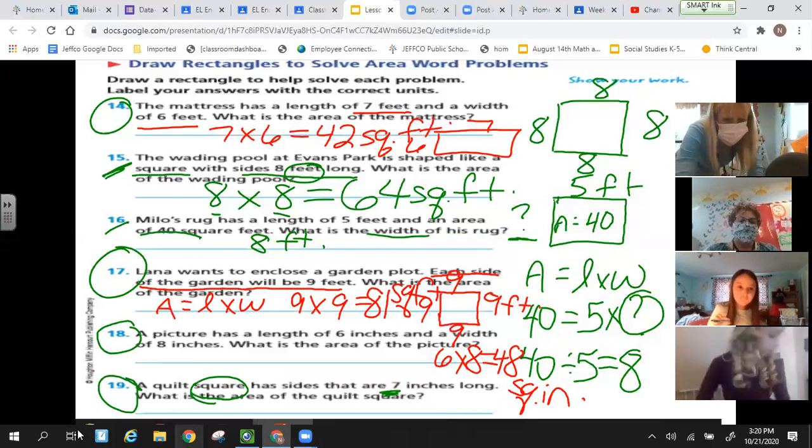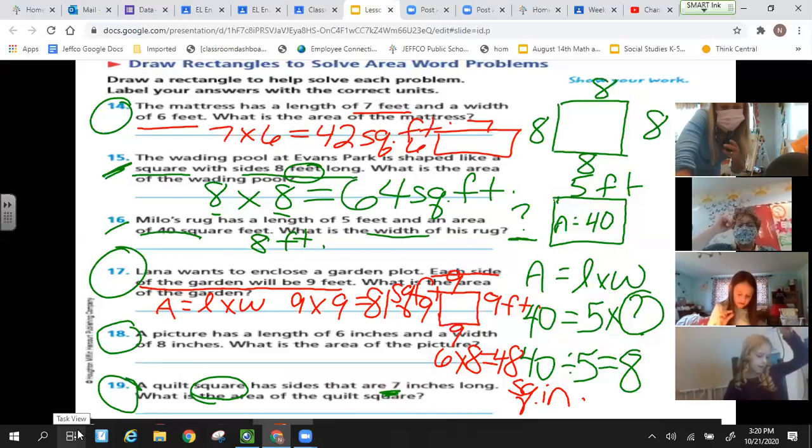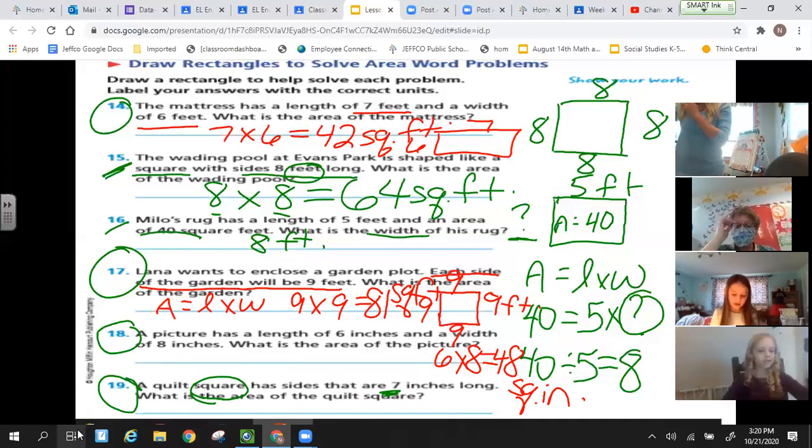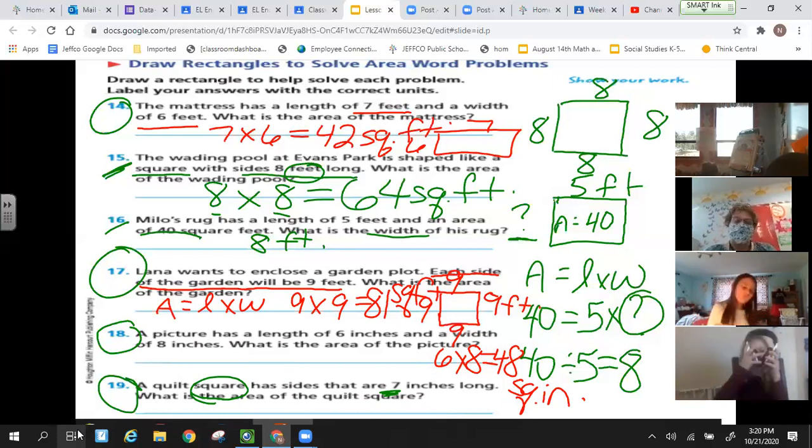All right. A quilt square has sides that are 7 inches long. What is the area of the quilt square? Keyword is square. If you can't visualize that in your head, you want to draw a square. You know squares have 4 sides that are equal. So we know it's a 7 by 7. 7 times 7.